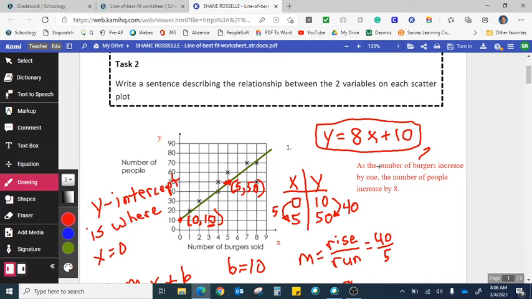Number of burgers, that's your x variable. Okay? Number of people, that's your y variable. Okay? And the 8 is your slope.